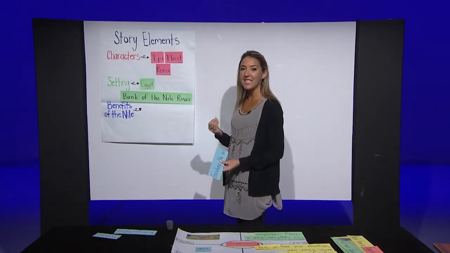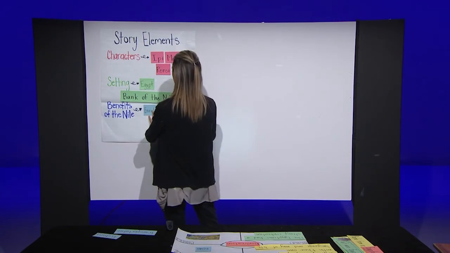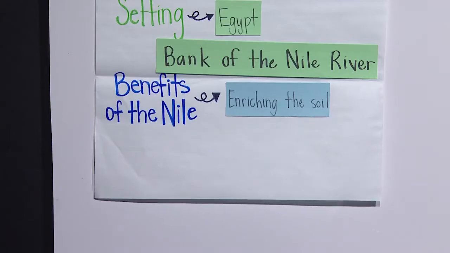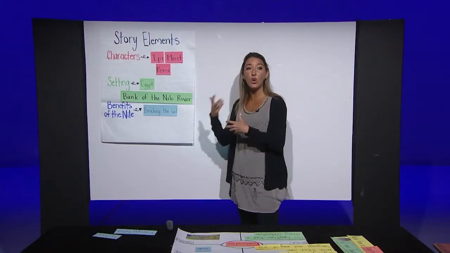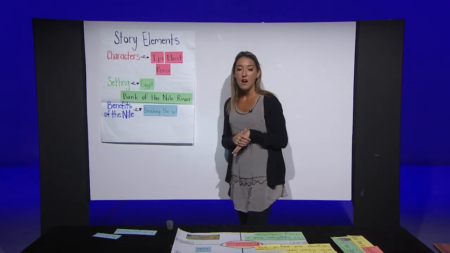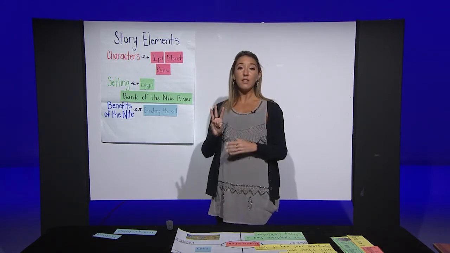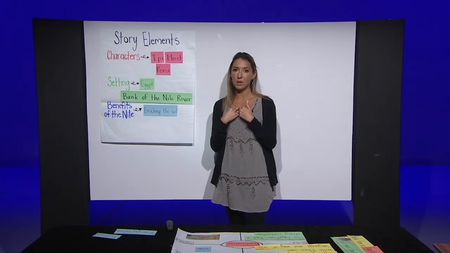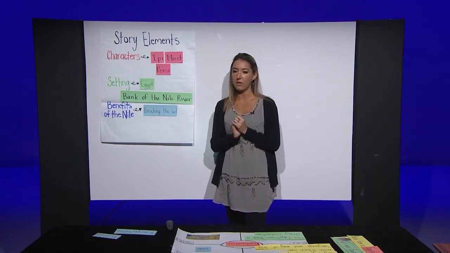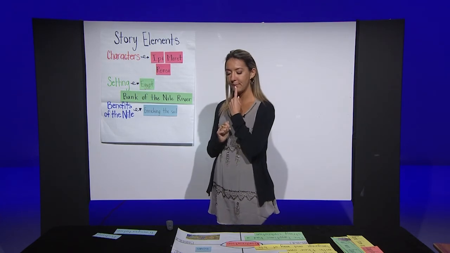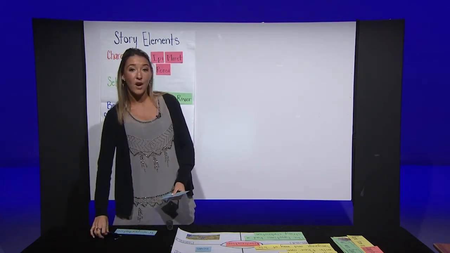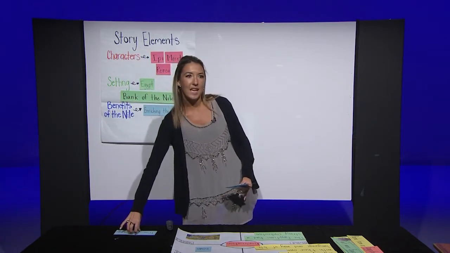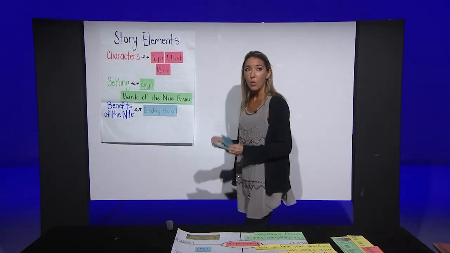It had something special. So one of the benefits is it was enriching the soil. It made it so that crops were able to grow every year over and over again. There were 3 other things that Miss Canavan remembers from the story. Let's see if you remember any of them. If you think back to Rinzi, the father, he did something really cool with some nets.